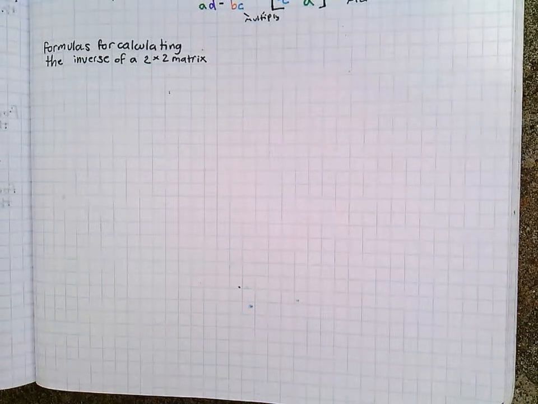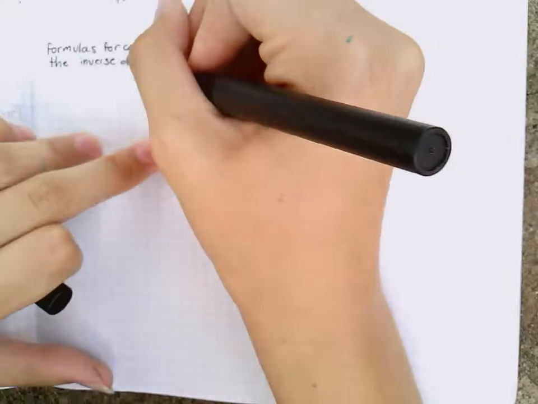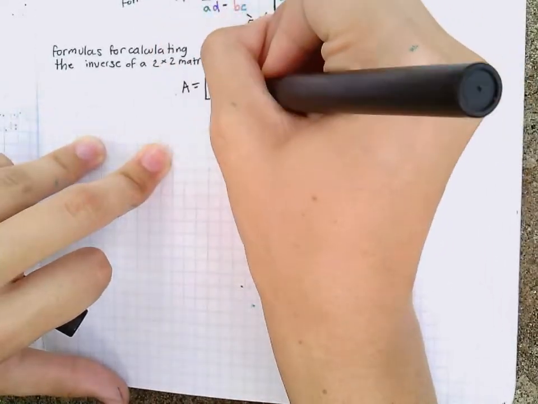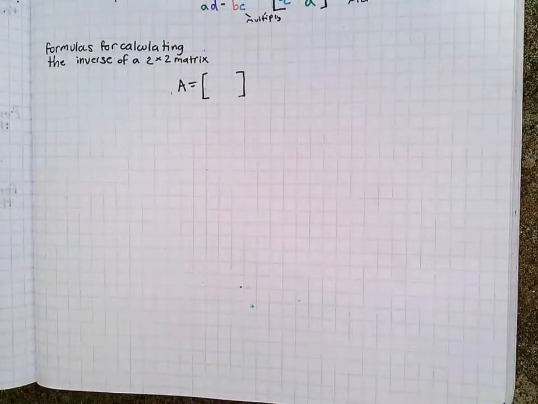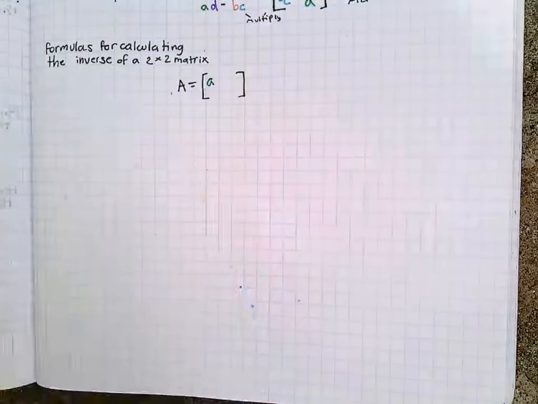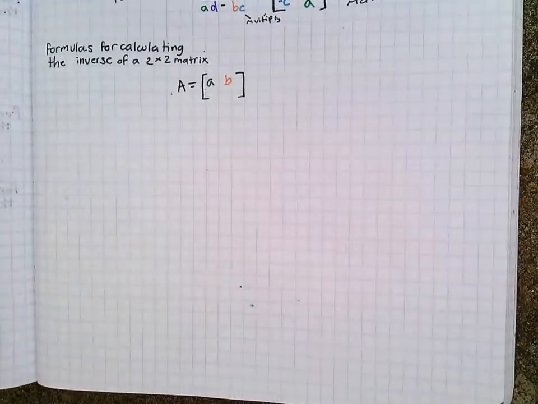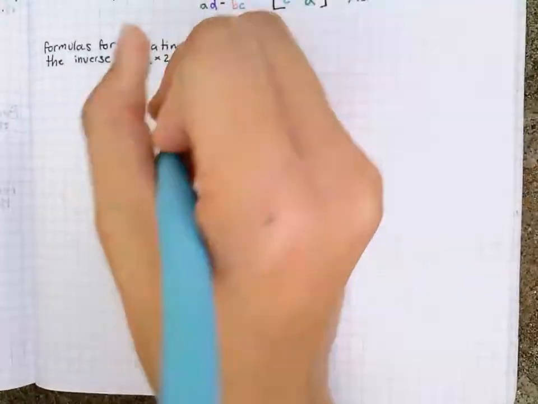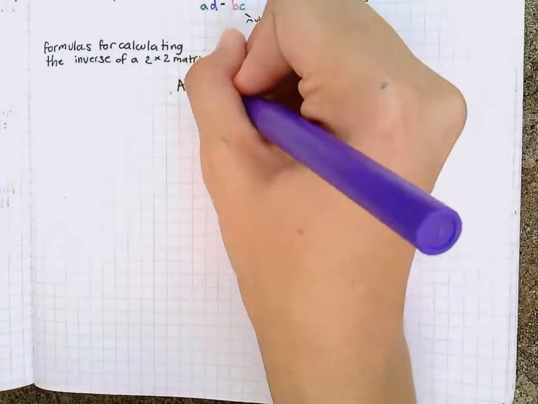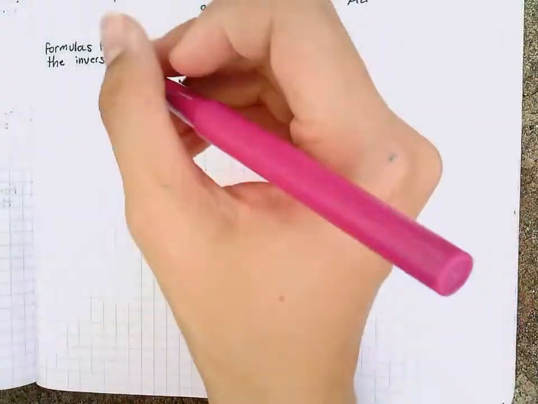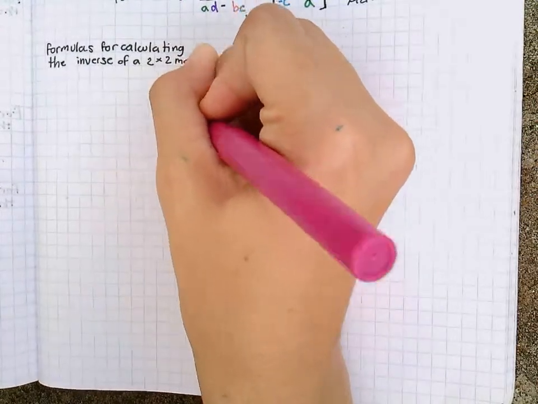Continuing from our last notes, formulas for calculating the inverse of a 2 by 2 matrix. We know that a matrix looks like this. The inverse formula looks like this.